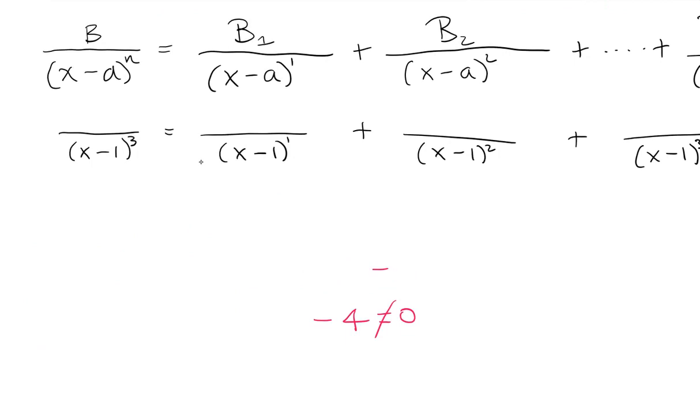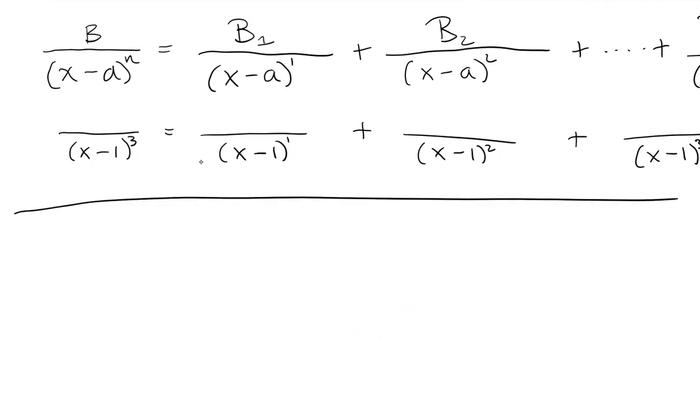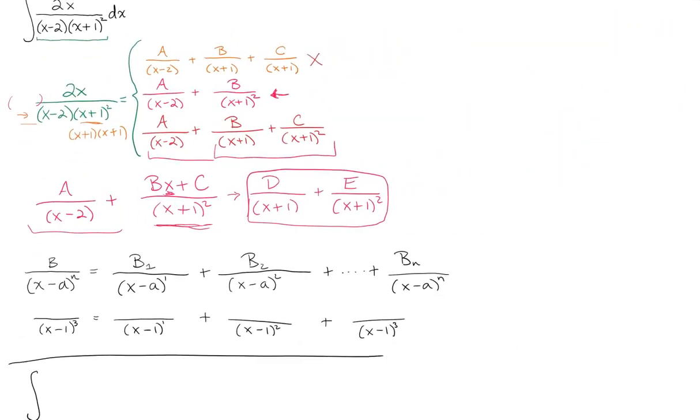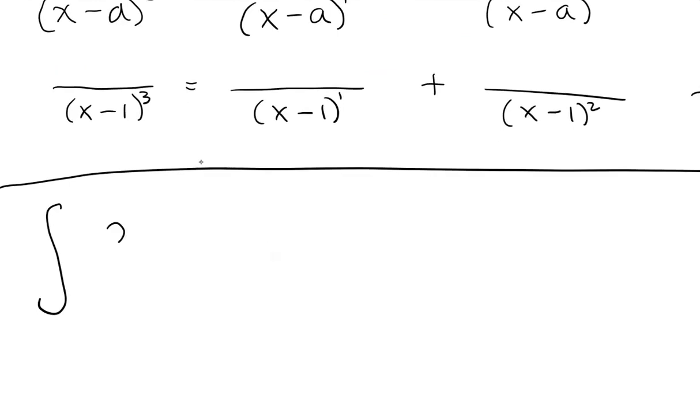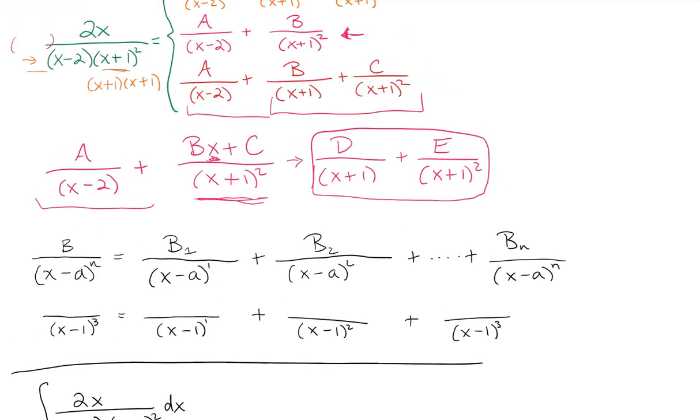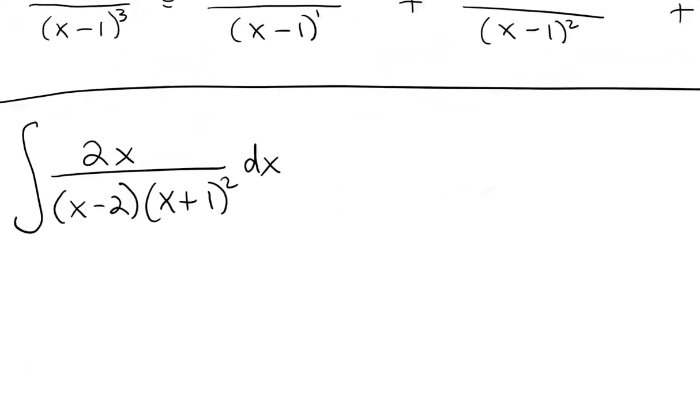Let's decompose it and then solve it in the correct manner. So I'll rewrite it. We have the integral of 2x over (x minus 2)(x plus 1) squared dx. Just making sure that's all correct. Yep. Okay.